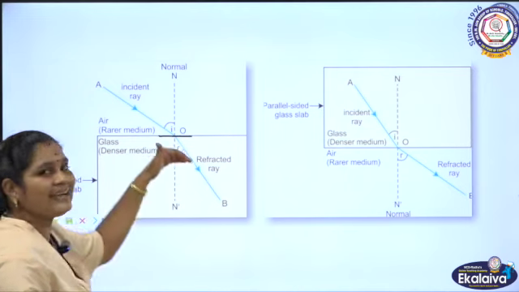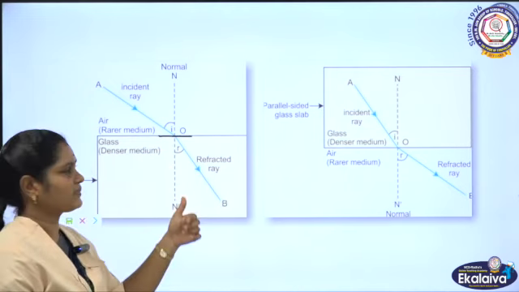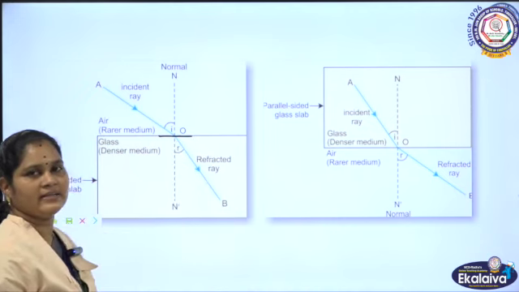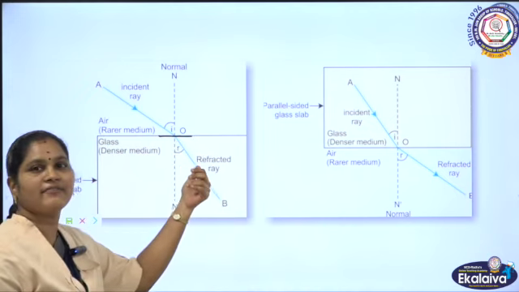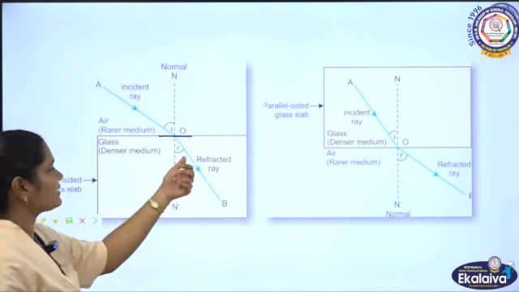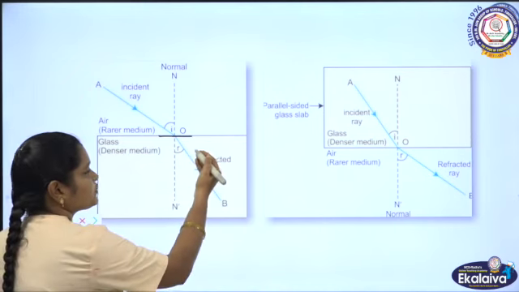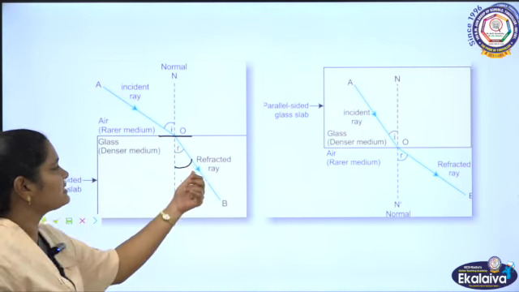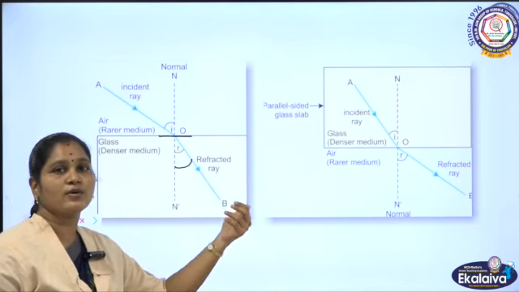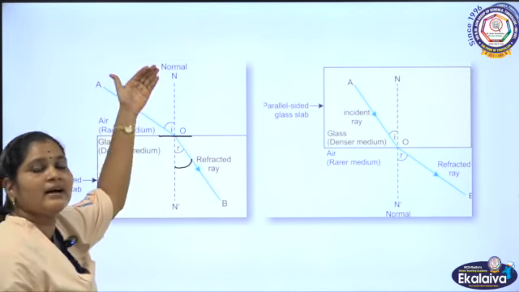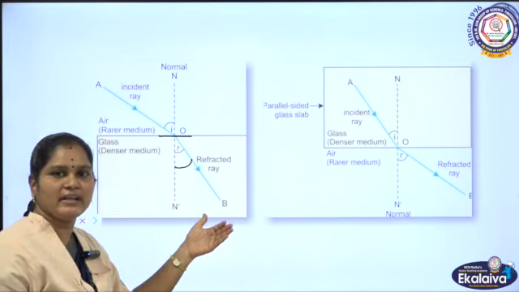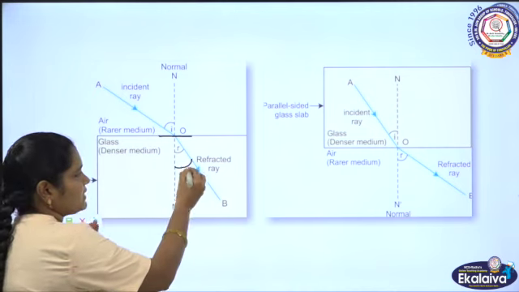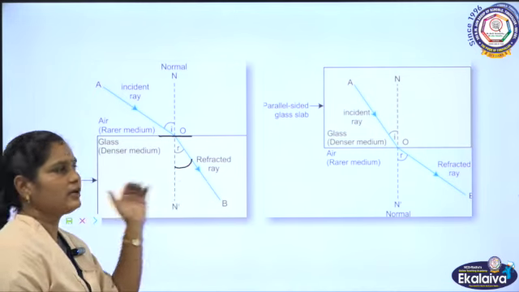So the light gets deviated in that medium. This is called the refracted ray. This refracted ray bends towards the normal, because the light comes from the rarer medium to the denser medium. Then only the deviated ray bends towards the normal.